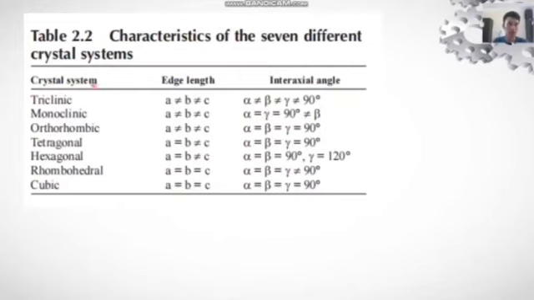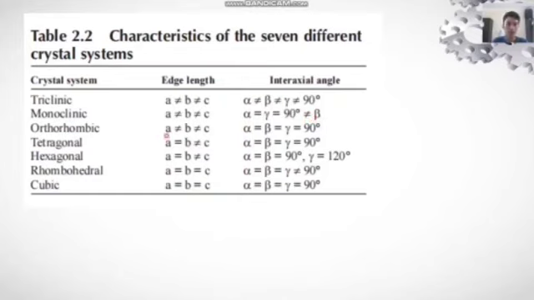This is the crystal system, edge length, and interaxial angle. Triclinic: a is not equal b is not equal c, and alpha is not equal beta is not equal gamma, not equal to 90 degrees. Monoclinic: a is not equal b is not equal c, and alpha equals gamma equals 90 degrees, but is not equal to beta.